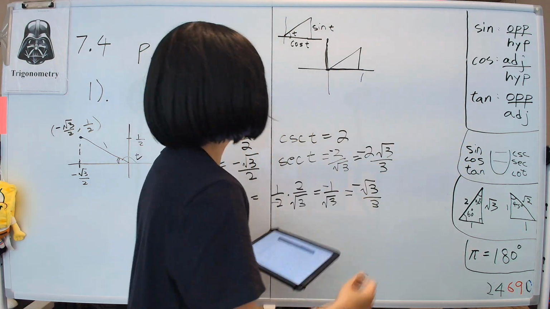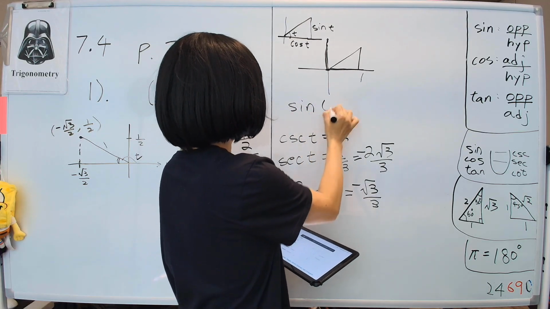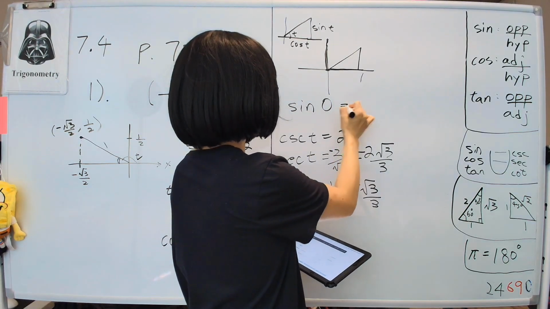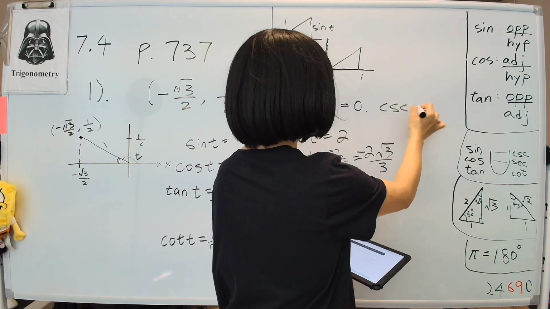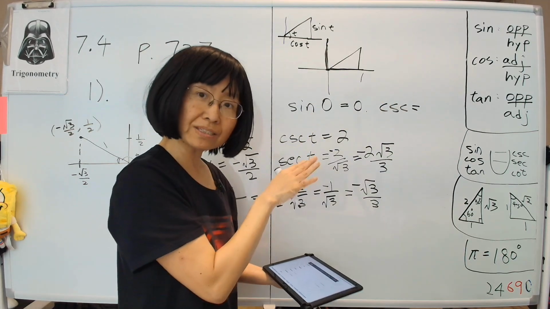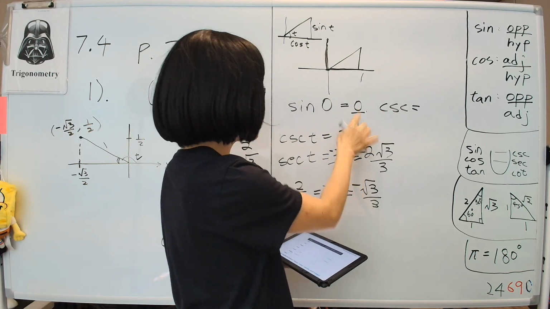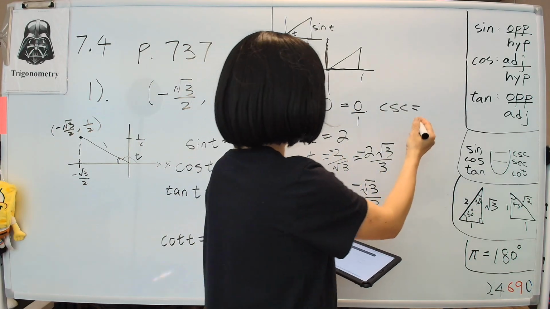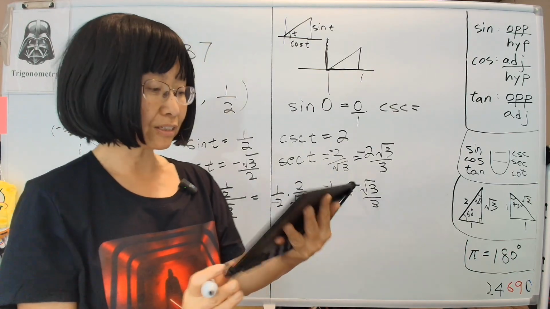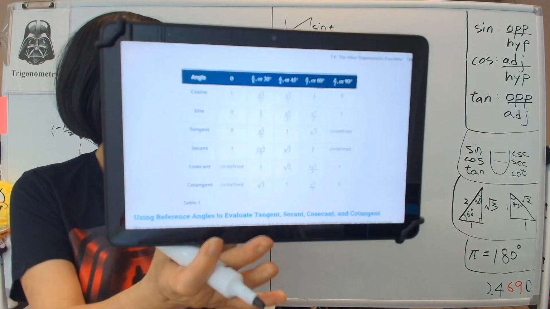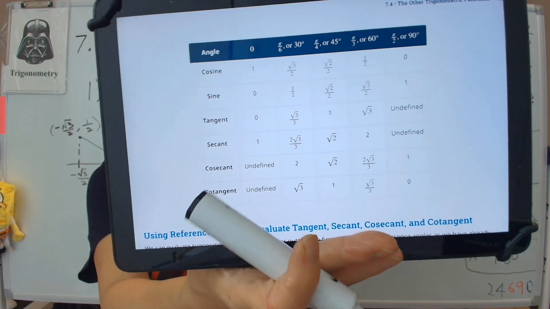For example, sine of 0 is 0. Sine of 0 degrees or radians is equal to 0, which means cosecant, which equals 1 over sine, would be 1 divided by 0, which is undefined. That's why you notice in the chart here that cosecant of 0 is undefined.